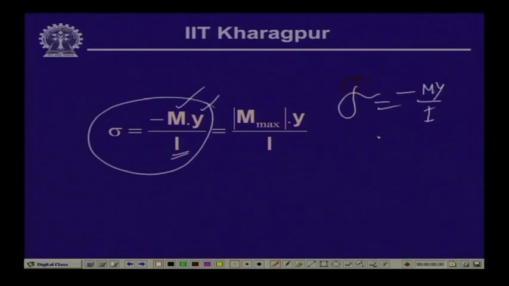Now, when we are talking about the symmetrical section, as you know, the neutral axis will be dividing the section in two halves, and the stresses in compression or in tension because of the positive bending moment will be of the same magnitude, and hence, forgetting about the sign, we have written the absolute value of the maximum bending moment times y by I. Now, from this particular expression, sigma is the stress which is allowed in this particular member, or it is a material characteristic.